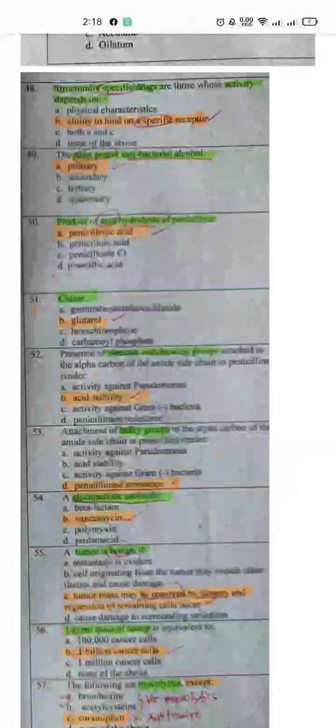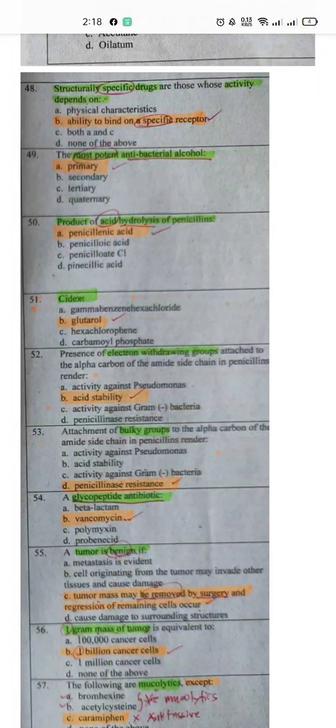Also, for benign tumor, metastasis is not evident and cells originating from the tumor do not invade other tissues or cause damage to the surrounding tissues. Okay. Kapag malignant tumor naman, metastasis is evident and the originating tumor may invade other tissues and cause damages, and also it will cause damages to surrounding tissues. That is your malignant tumor.